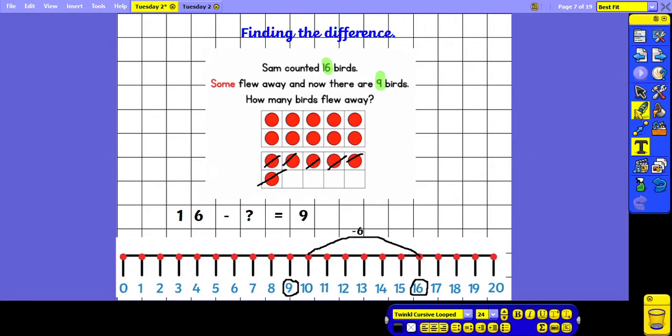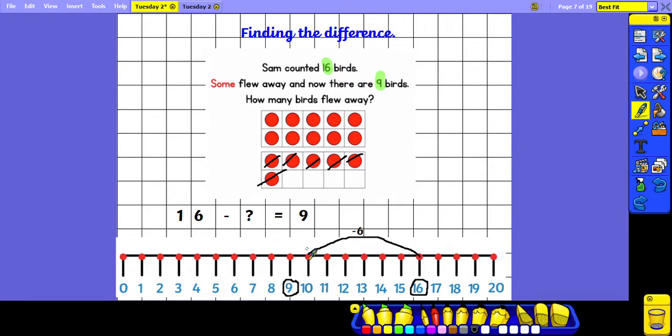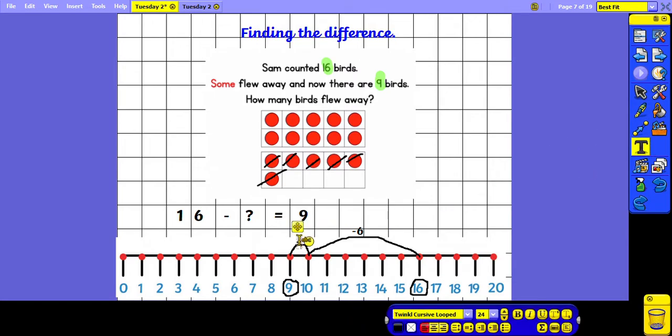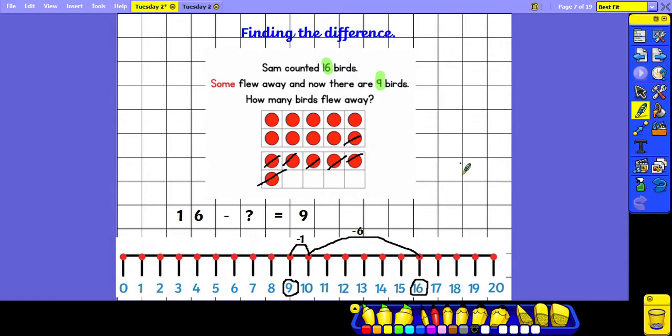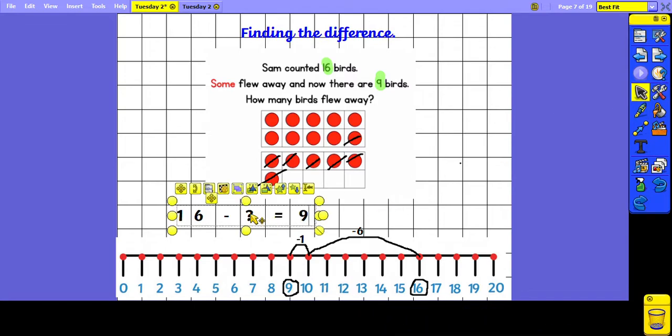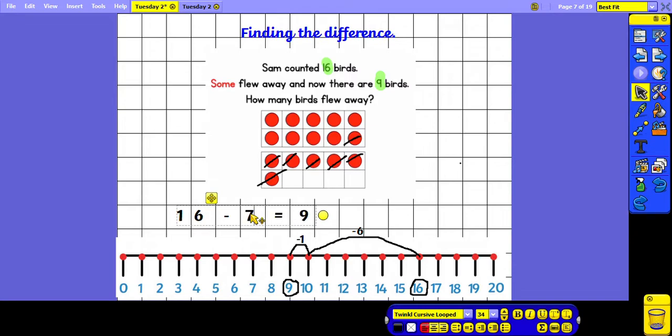So I've jumped 6 and then I'm going to do one more because I still need to do one more jump to get to 9. And all together, I'll cross that one off on there as well. All together, I have jumped 7 to get from 16 to 9. So the difference between 16 and 9 is 7.